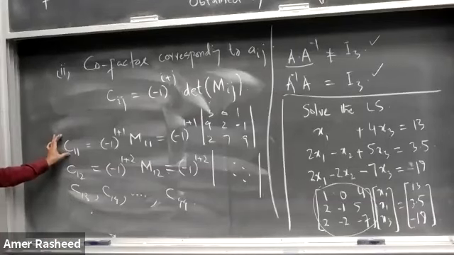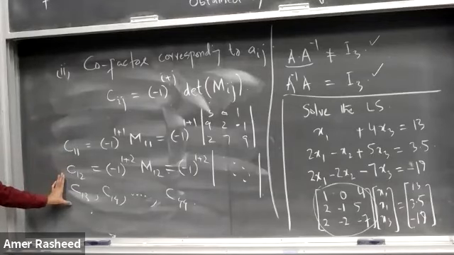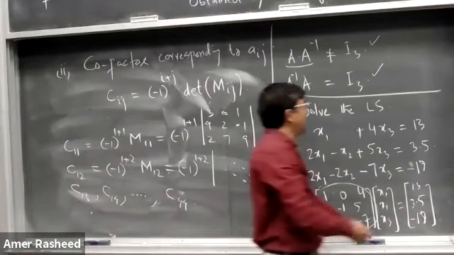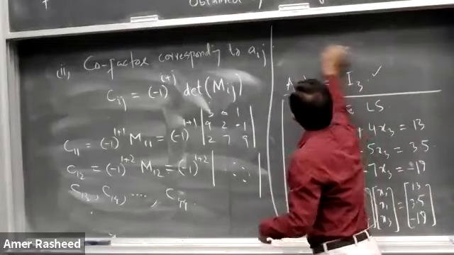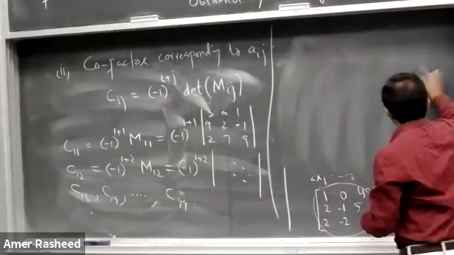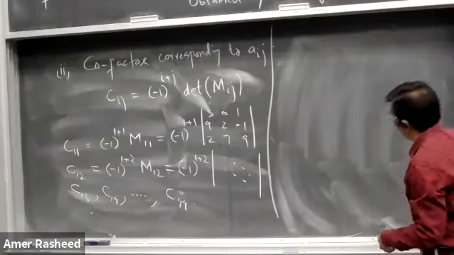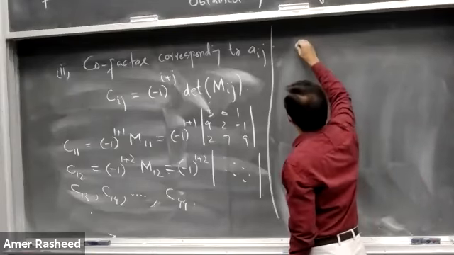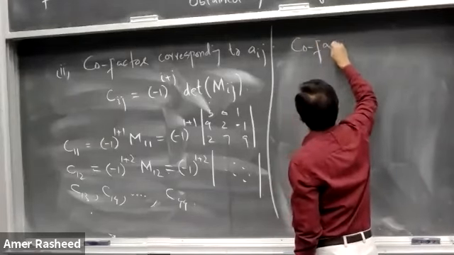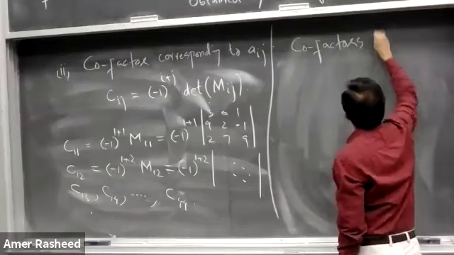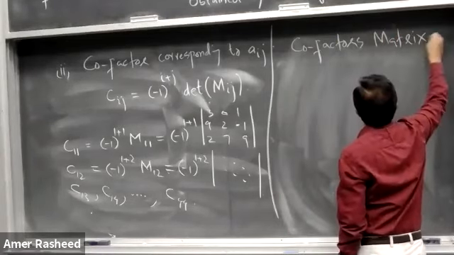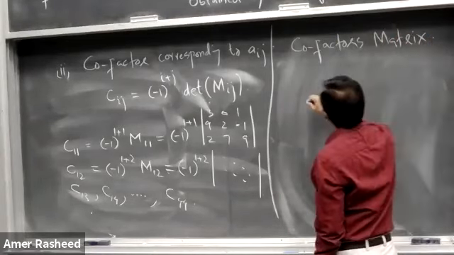After finding these cofactors, which are some real numbers, you find the matrix of cofactors, which is of the same order as A. The cofactor matrix is usually denoted by C, and you can write it as C11, C12, C13, C14, corresponding to the given 4x4 matrix.